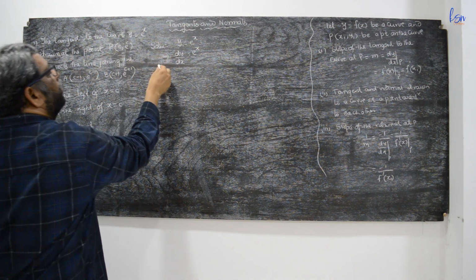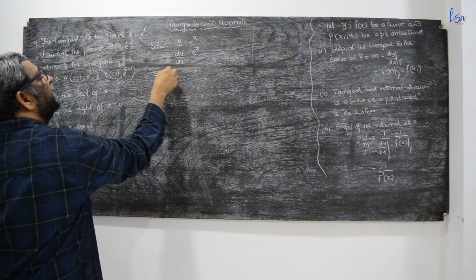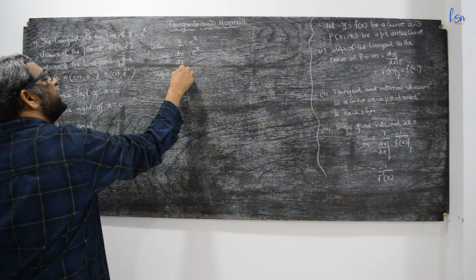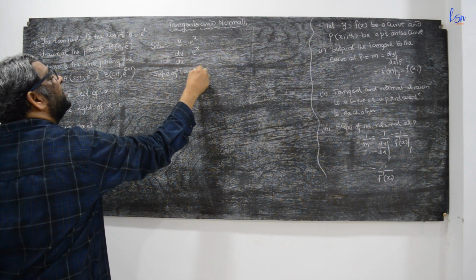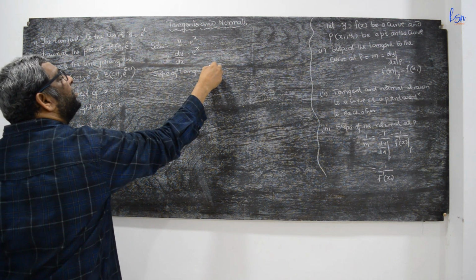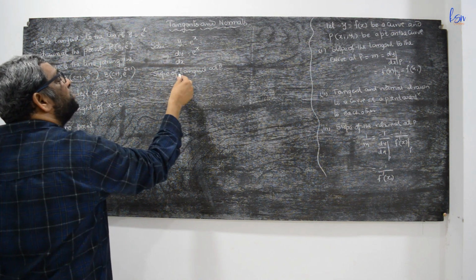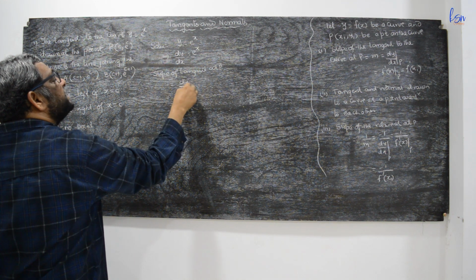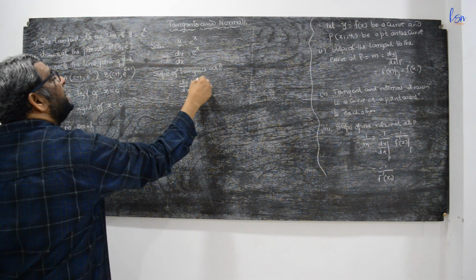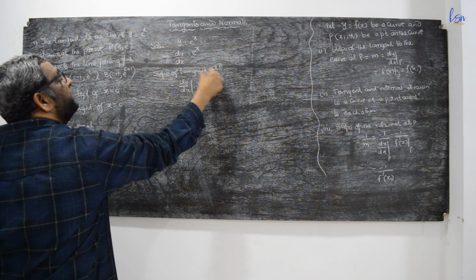So now the slope of tangent at P is equal to dy by dx at P is equal to e power c.